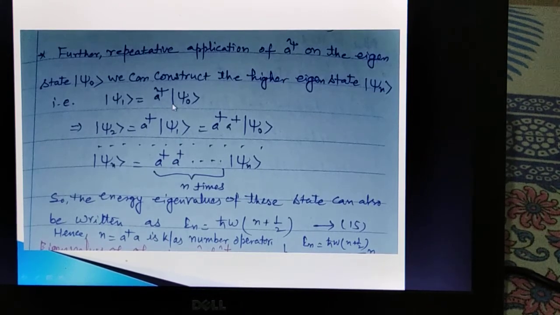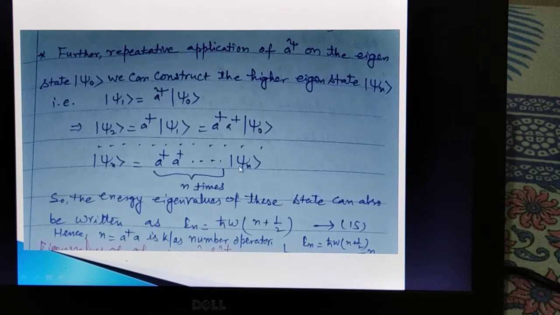Now if you again apply A dagger on psi 1, you get psi 2. So repetitive application of A dagger on the minimum energy state will give you higher energy states. Or if you apply this operator A dagger n times on psi 0, then you can have psi n equal to A dagger n times on psi 0.